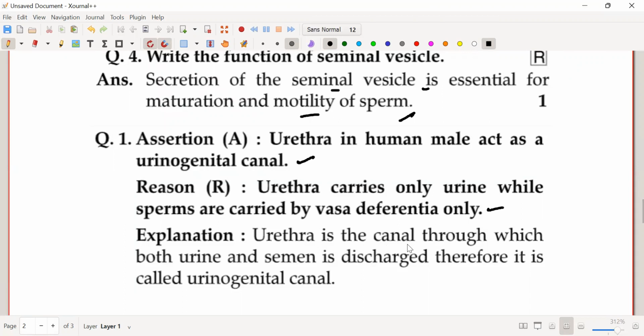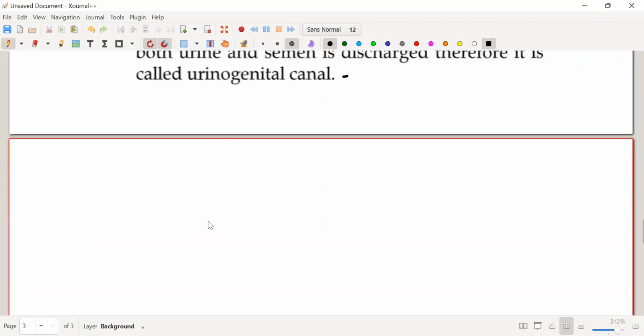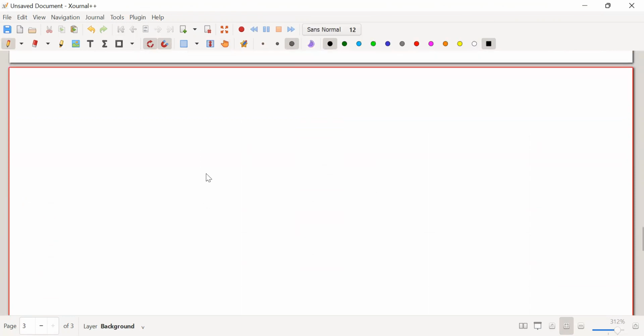Explanation: urethra is the canal through which both urine and semen are discharged, therefore it is called the urinogenital canal. Only urine? No, it carries both. So the assertion is true and the reason is false. Then the next question.